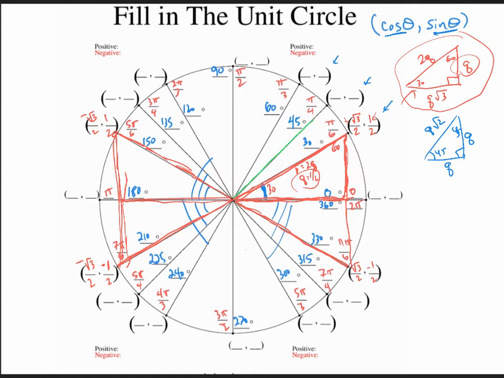All right, so let's look at the 45, 45, 90. That would be right here. Remember, the radius of this is 1. So that means in this case, 1 would equal Q times the square root of 2. So Q would be 1 over the square root of 2, which if we rationalized it, would give me root 2 over 2. So that means that each of the legs of this triangle, which are here and here, are square root 2 over 2. So that means my Y value and my X value are the same.